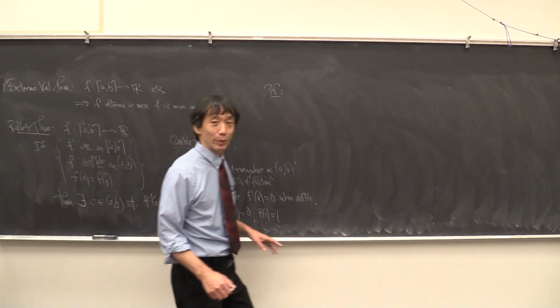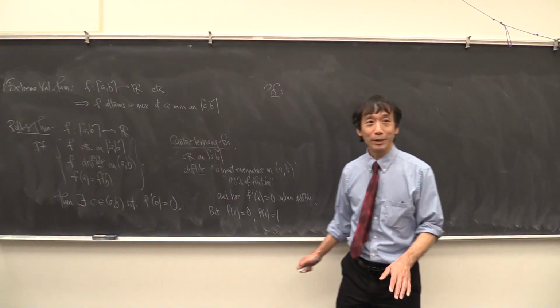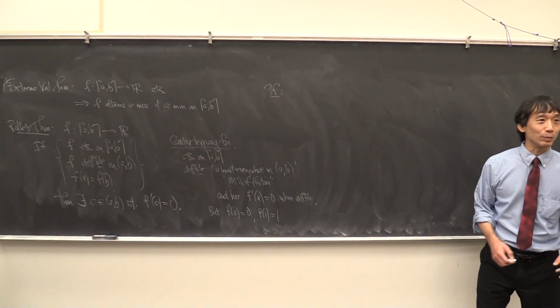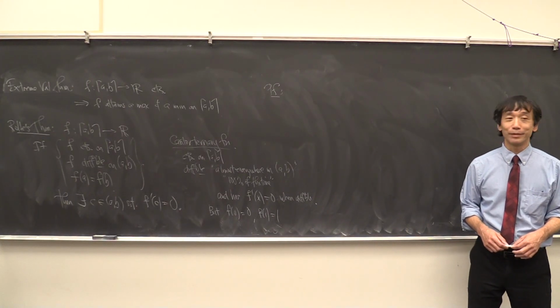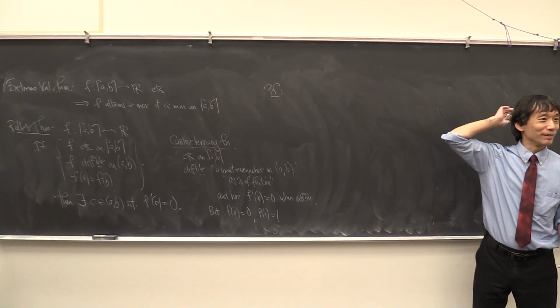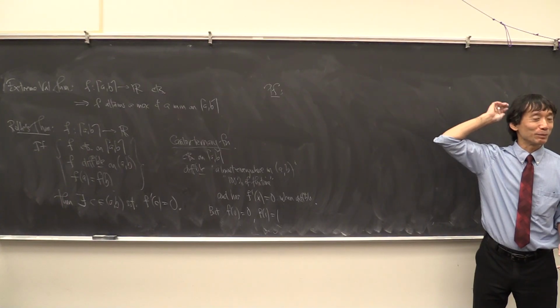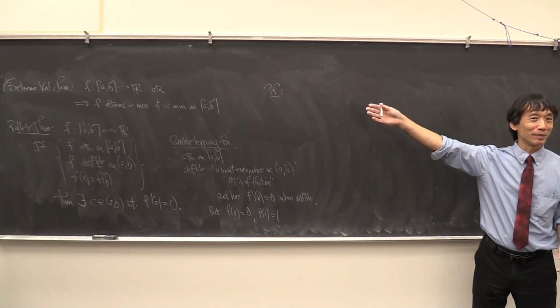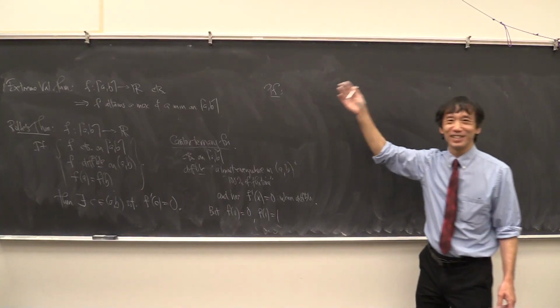Okay, anybody come up with a proof or some idea? Like what's the first move to make? Which one should we use? Extreme value theorem or critical point theorem? Votes. This one? This is the right one. Right?